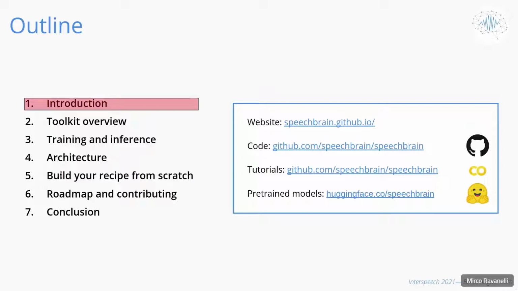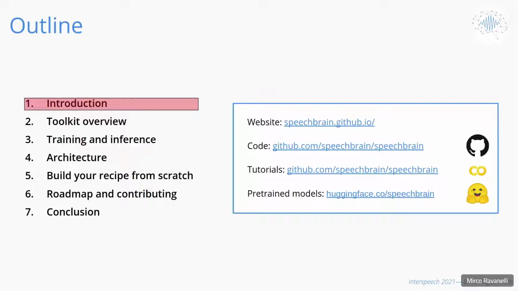Then we will do a break here. Then Aku will tell you more about the architecture of SpeechBrain, how we manage hyperparameters files, how we manage data IO, etc. After that, we will show you some real examples of recipes.